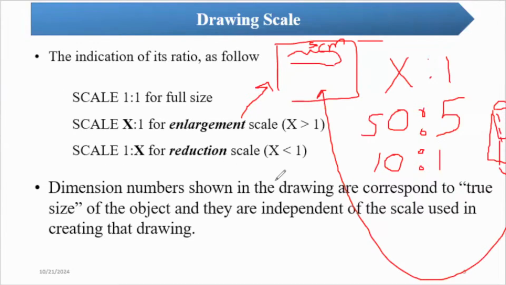Then the scale 1 to x is what? Reduction. That means the opposite of the enlargement, right? If the object is like this, let's say 5 meters, and in the drawing we show that distance as 5 centimeter, then what is the scale? So in here the smallest unit is centimeter, right?